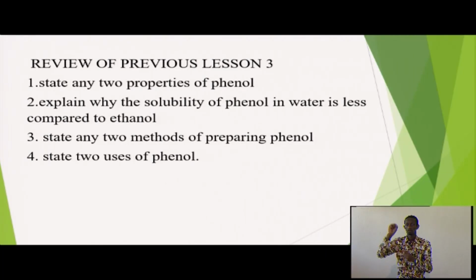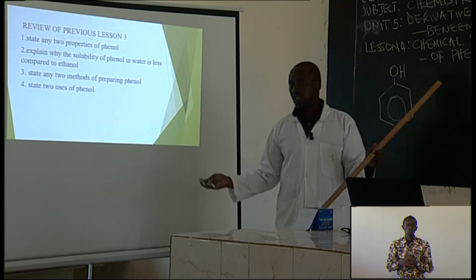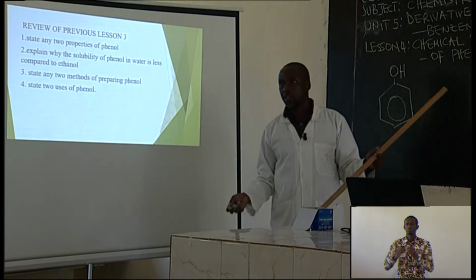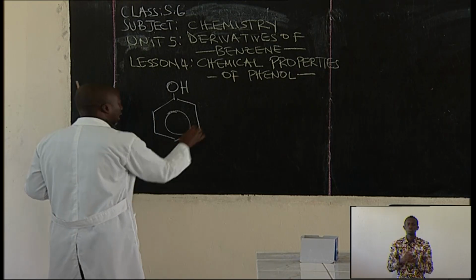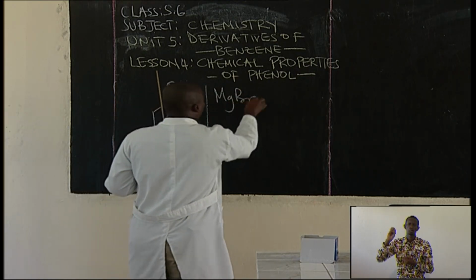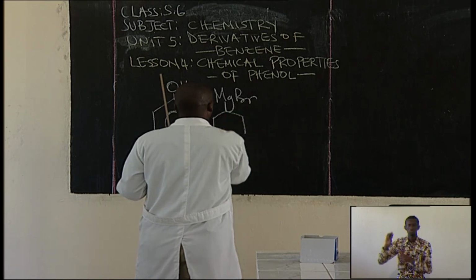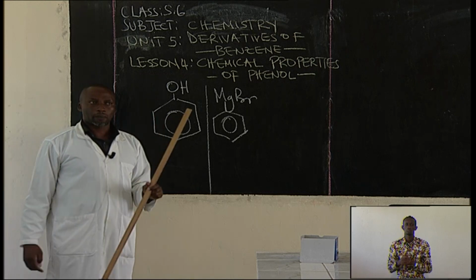State any two methods of preparing phenol. We looked at a number of methods. You still remember some of these methods. From one of the methods we said, from magnesium, this is a Grignard reagent of the benzene.